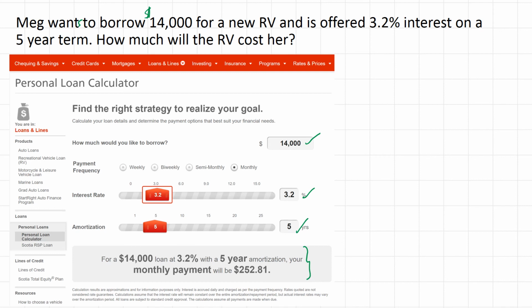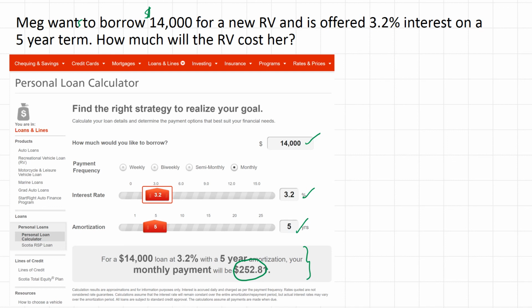What it doesn't tell you is how much interest that Meg is going to have to pay. It tells you the monthly payment, but in contrast to some of the calculators we've used before, it doesn't tell you how much interest she's paying. And because the RV is going to cost $14,000 plus the interest, we have to somehow figure that out.